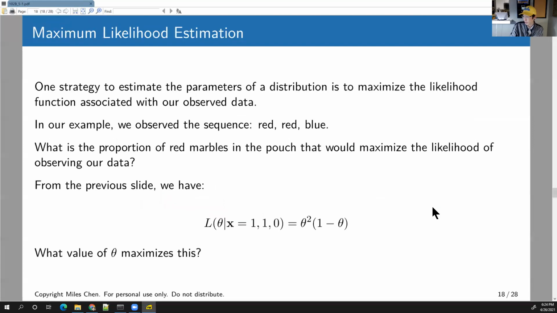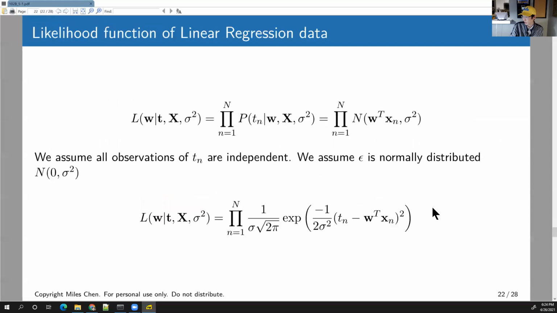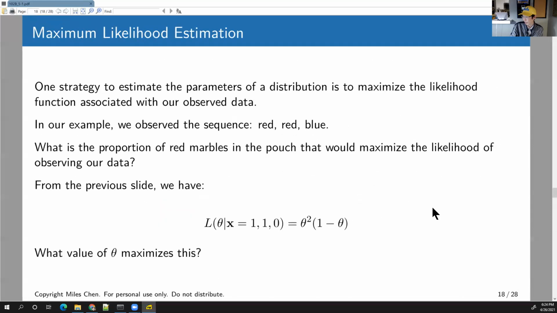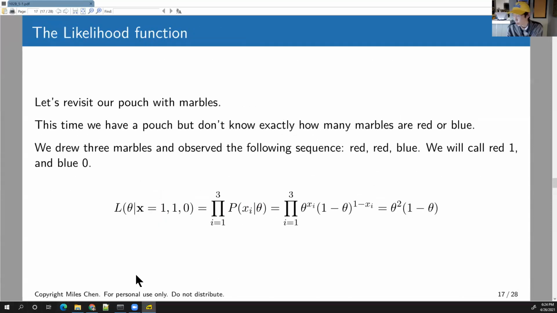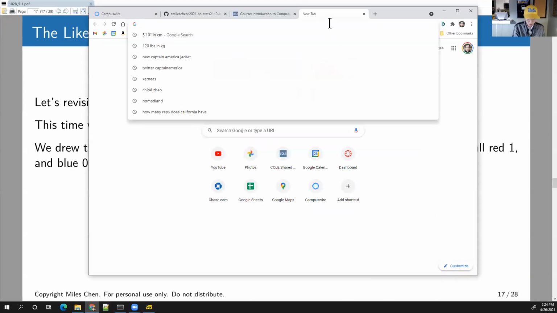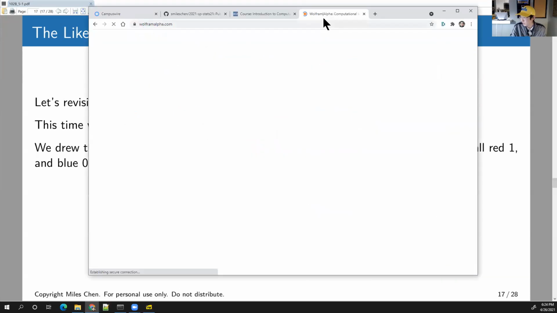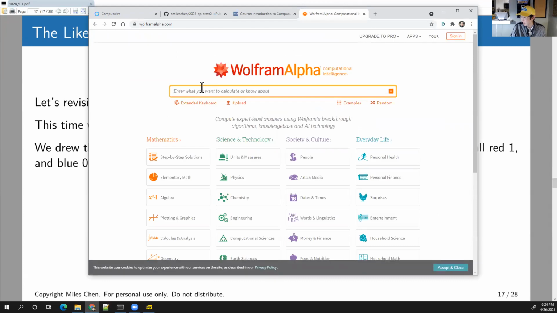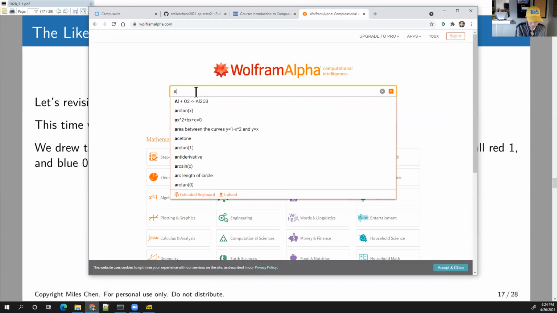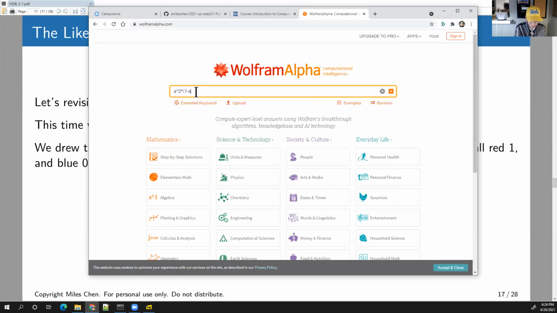Now, did I plot this? I never plotted it. All right, so if I were to plot this, let's go to Wolfram Alpha, and I'm going to just do a squared times 1 minus a.